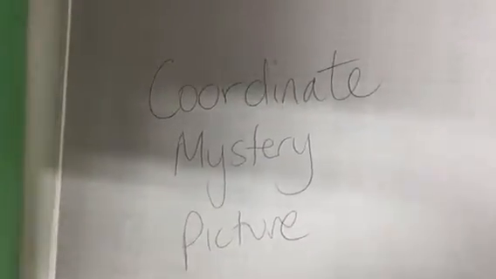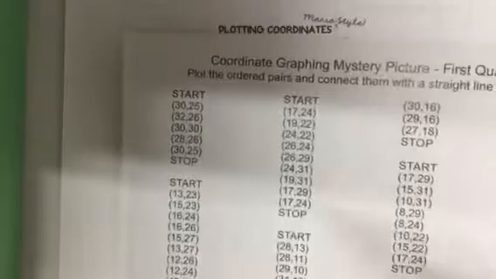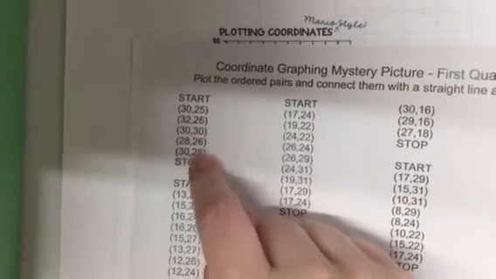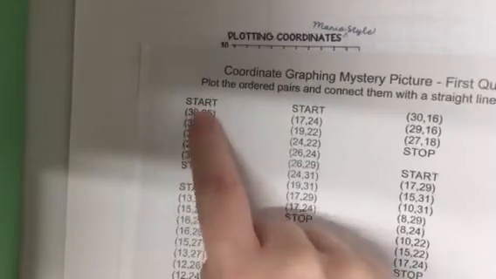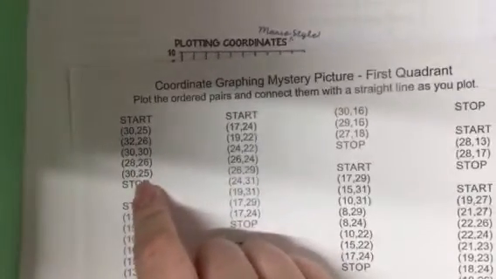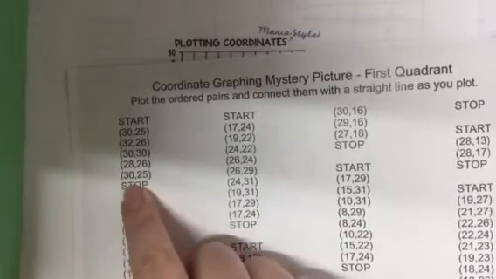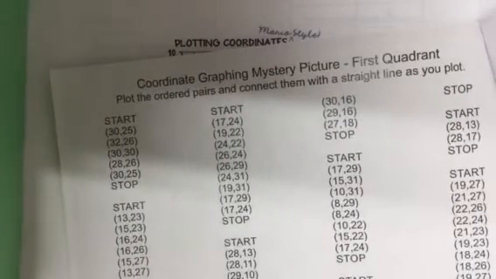A few people got a few different ones. So how this works is there's a whole bunch of instructions for different points to plot. So you would plot these ordered pairs or these coordinates, and then you would connect them all with a straight line, and once you stop, then that's one section.